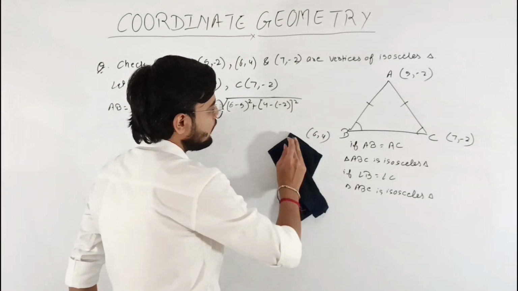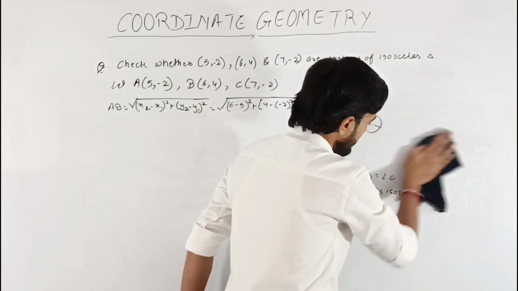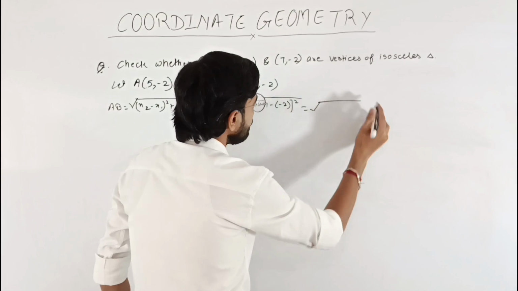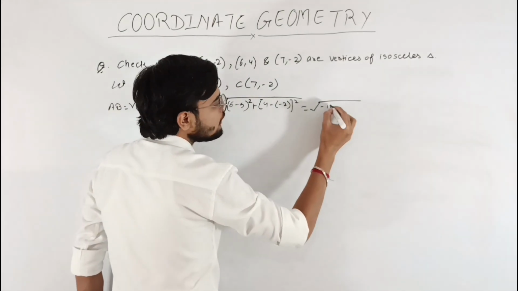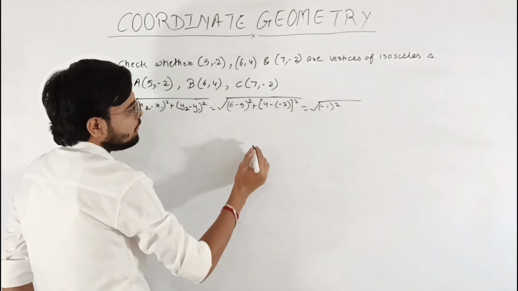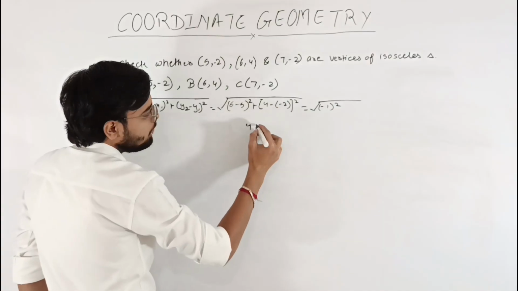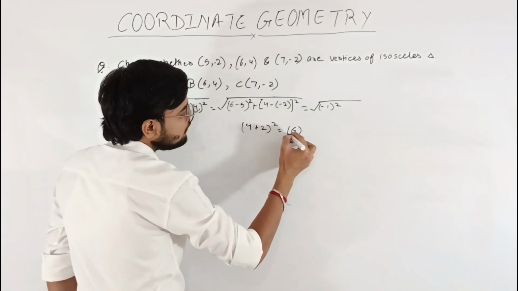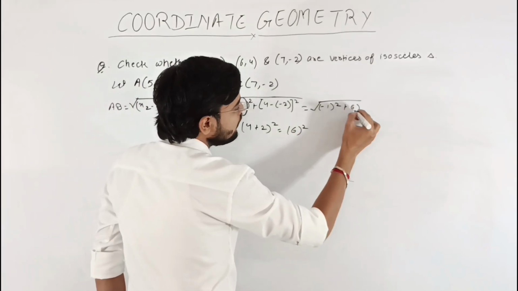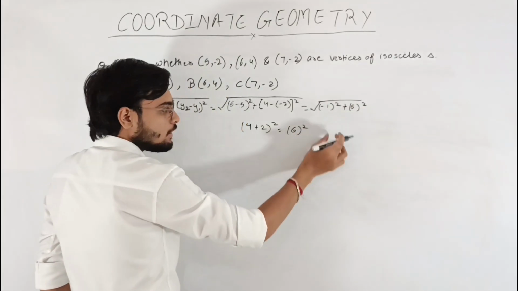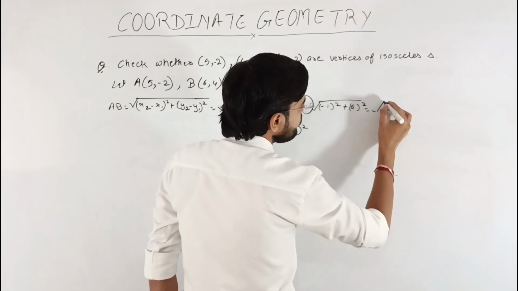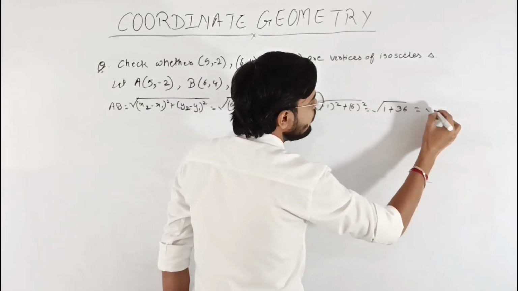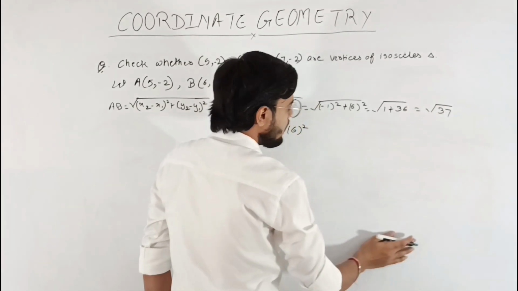Okay, now I erase this figure. Now look, 6 minus 5 is 1, squared, and 4 minus minus 2 becomes 4 plus 2, which is 6 squared. The square of 1 is 1, plus the square of 6 is 36, which gives root 37.